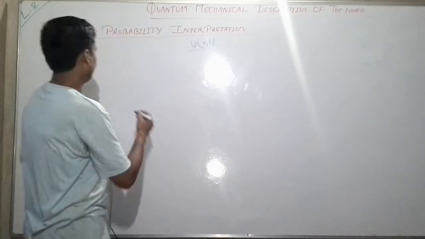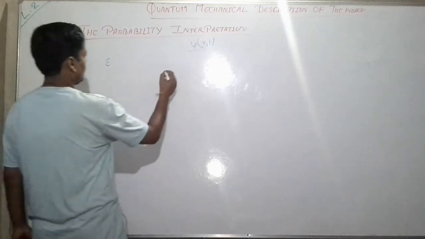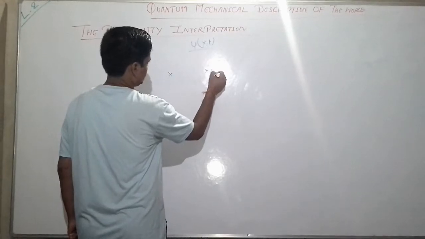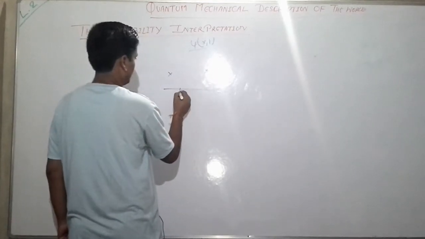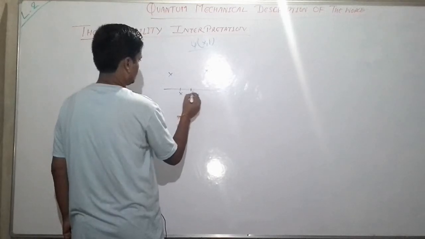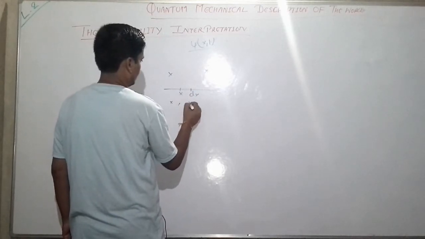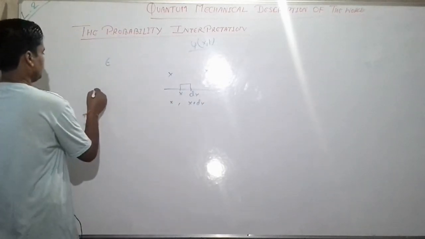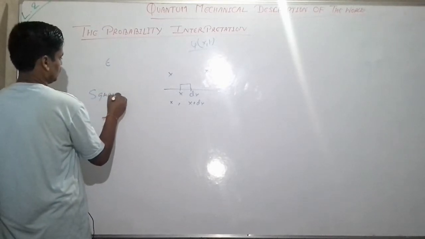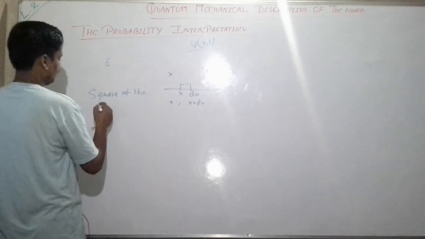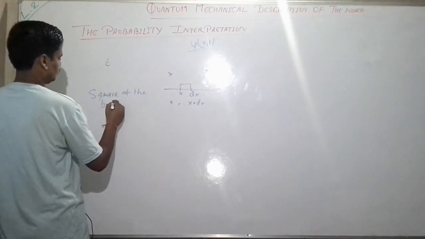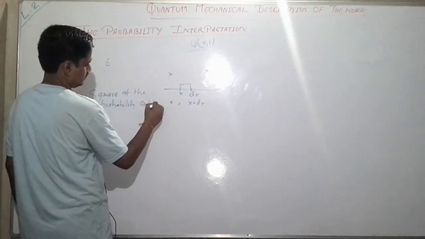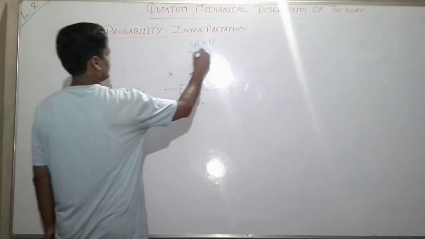So at time t, the probability of finding a particle within the location x and x plus dx is the square of the probability amplitude, which is the wave function psi(x,t).